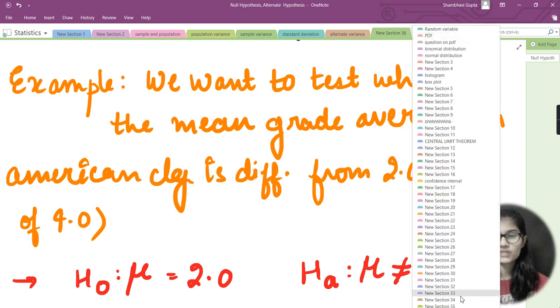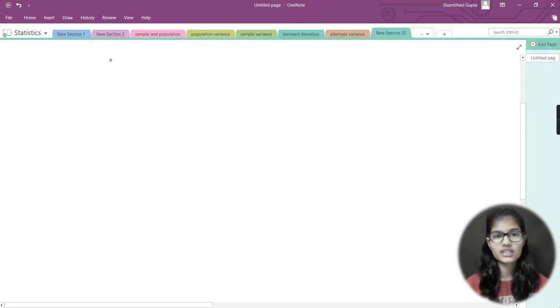Let me move on to the section which I had made for today, and let me discuss one more example with you all. After that I'll proceed with the new things, right? Okay, so my example goes like this.